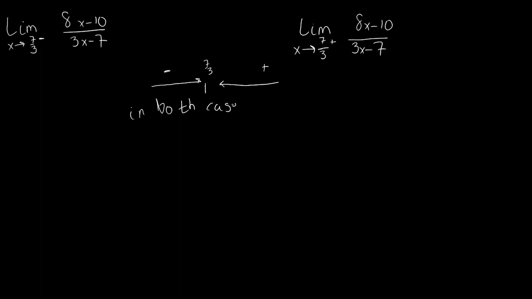In both cases, the denominator approaches 0. Negative when x approaches 7/3 from the left, positive when x approaches 7/3 from the right.